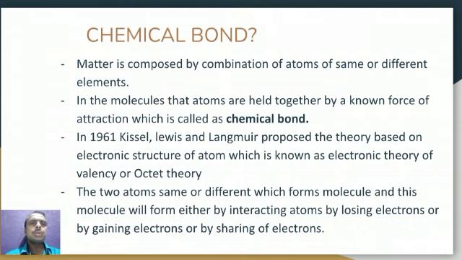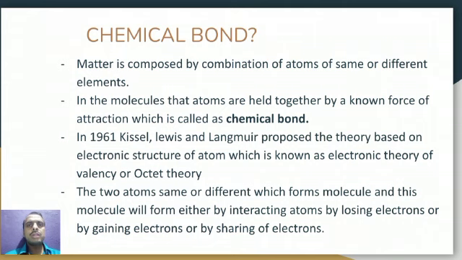Whenever two atoms of the same or different kind form a molecule, this molecule forms either by interacting atoms by losing electrons, by gaining electrons, or by sharing of electrons. Means in three ways we can form a bond in the molecule, where the atoms interact by losing electron, by gaining electron, or by sharing of electrons.